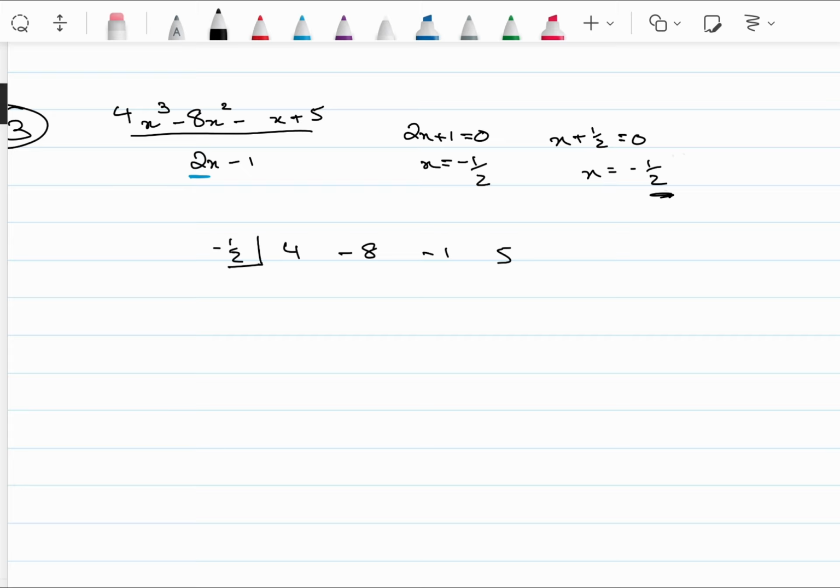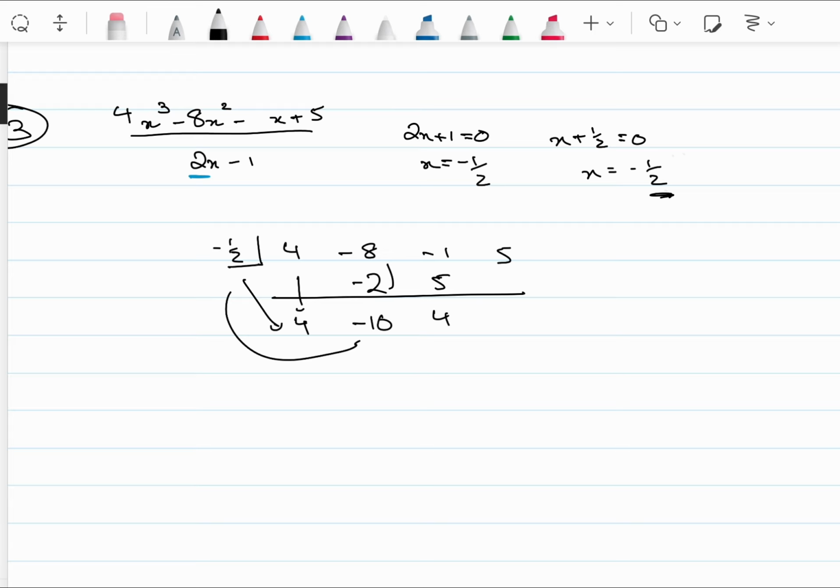This time we have 4 terms. You can use synthetic division for any amount of terms in the numerator. Right now it's a cubic. You could do this for a quartic. You could do this for if x was to the order 5. It's exactly the same thing. You bring down the first term. You multiply. And add. You multiply. And you add.